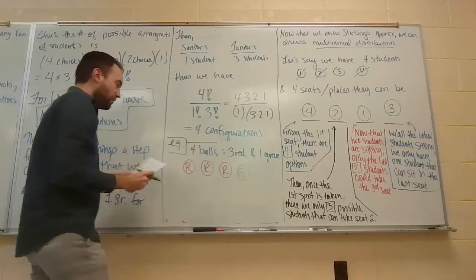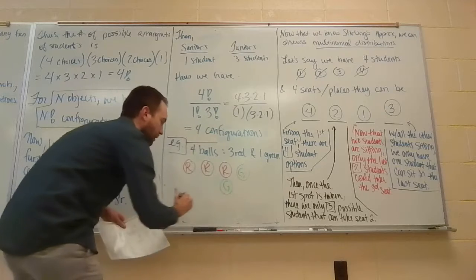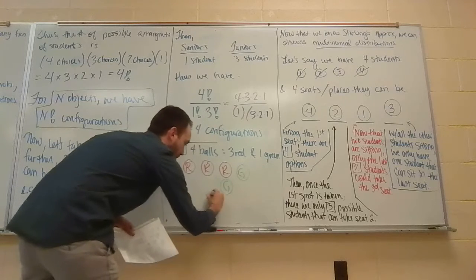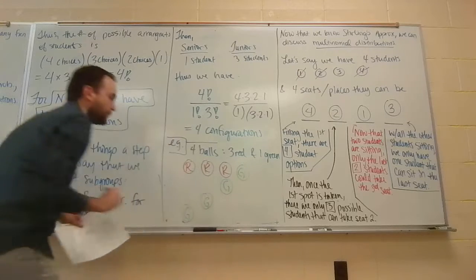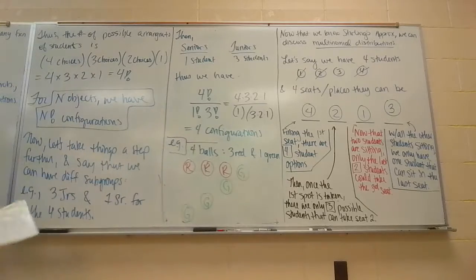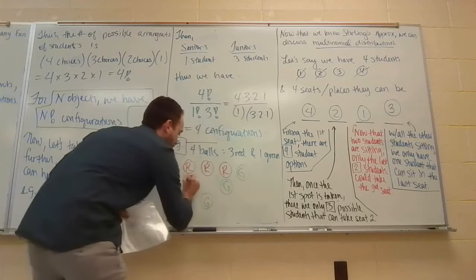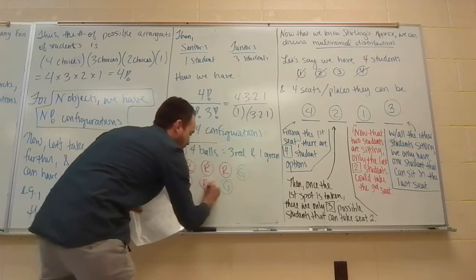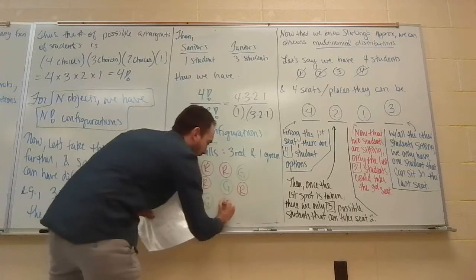I have the case where my second to last one is green. I have the case where my second one is green, and I have the case where my first one is green. There are only 4 possible places that I could put my green ball into different possible arrangements.